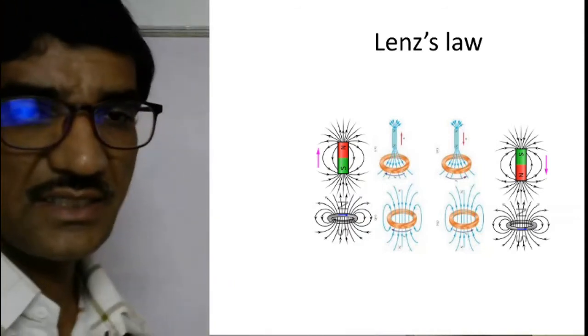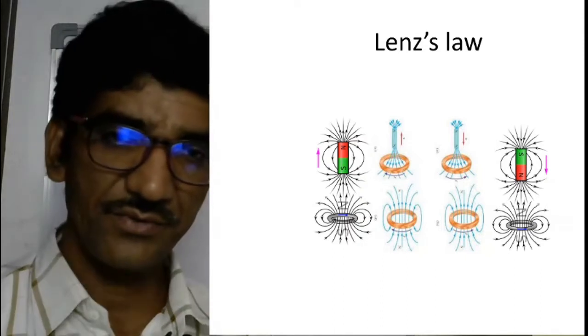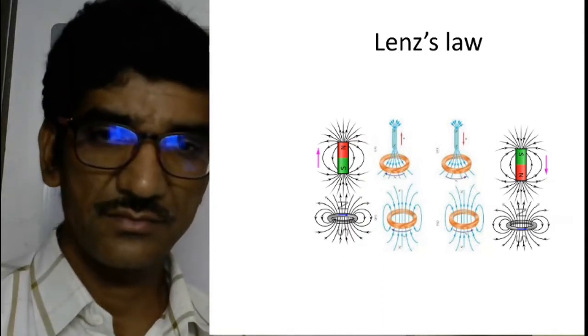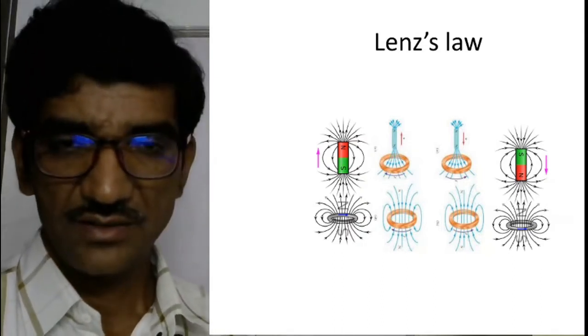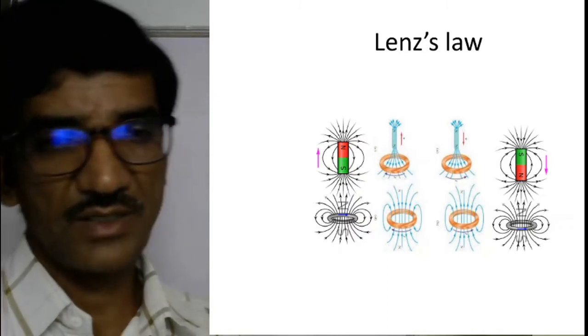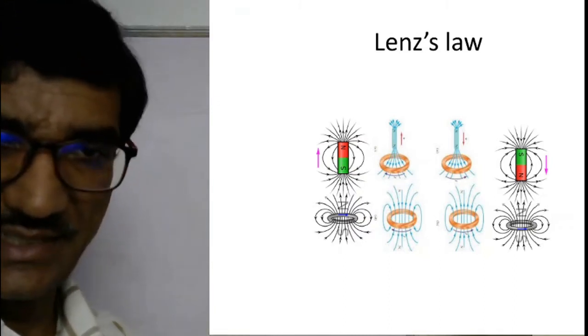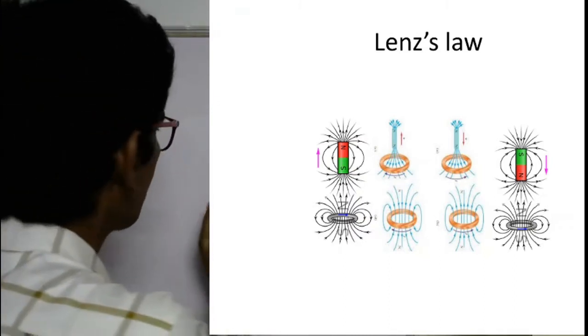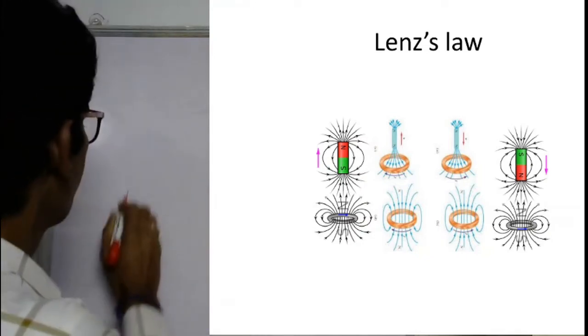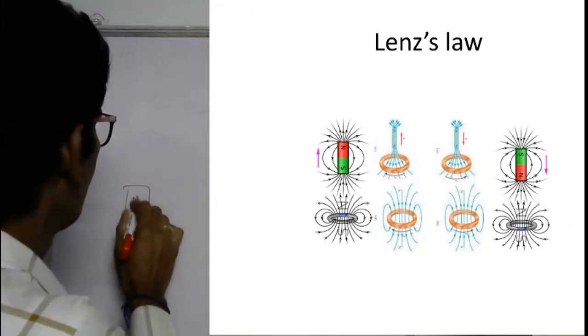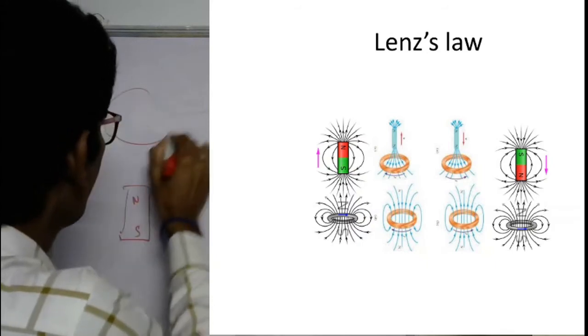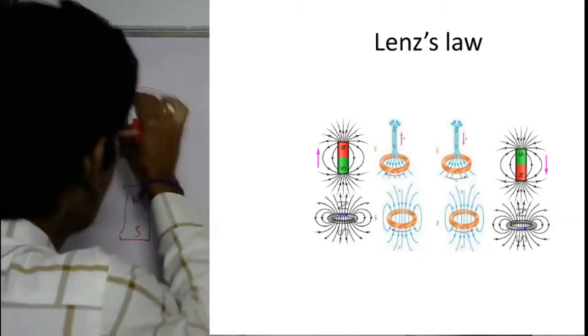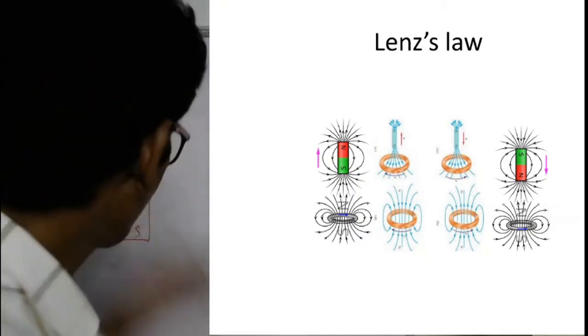Here, this can be seen if you interchange the movable part and stable part in this example. That means you are just placing a magnet here. Okay, you are just allowing a metal ring to fall on this magnet.